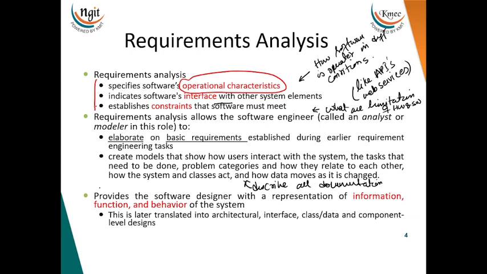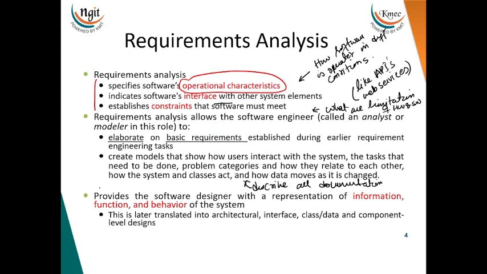So do remember, requirement analysis specifies the operational requirements, the conditions, how software interacts with the outside world like web services, and the constraints. Requirement analysis allows the software engineer to create what is called an analysis model.